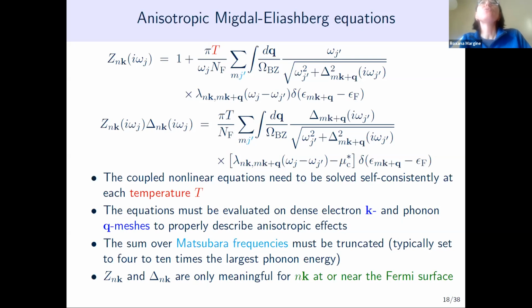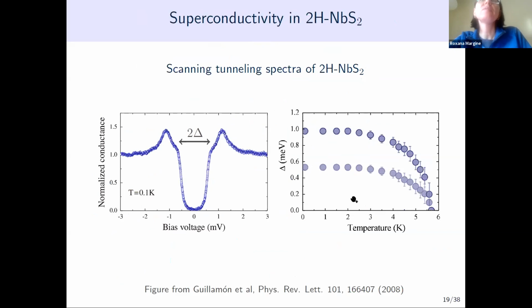So let me just show you one of our recent examples where we elucidated the origin of the superconductivity in niobium disulfide using this anisotropic Migdal-Eliashberg theory, where in fact the Coulomb interaction was calculated ab initio using the Sternheimer-GW code.